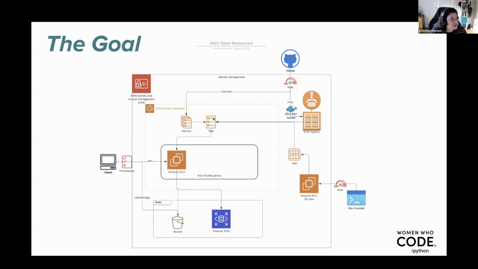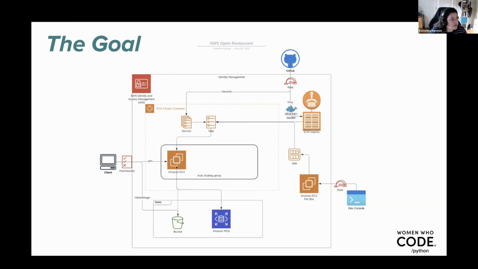So it talks to the service, it kicks off the task that it just created with the Docker container, which pulls in the image from the ECR registry and plunks the Docker container onto the Amazon EC2 box that I've defined.